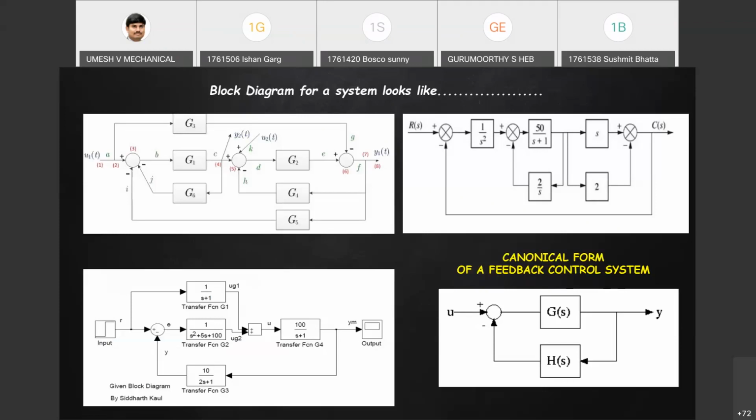That is the block diagram. So finally we reduce it to a canonical form with one input u of t, u of s or r of s, and in our normal notation the output will be c of s. Then we get c of s by u of s. With a formula we can write what is the.